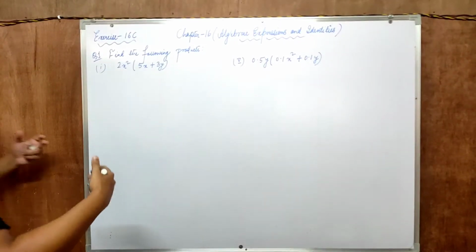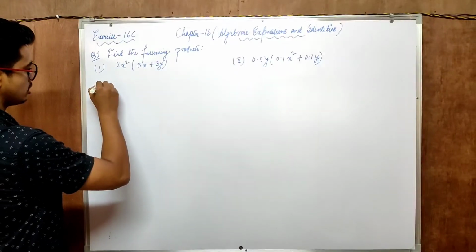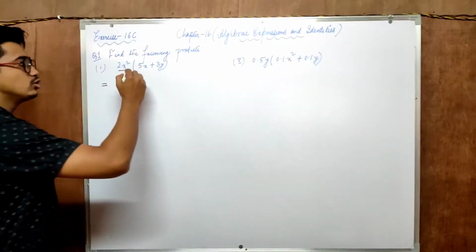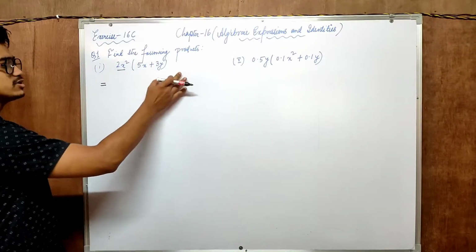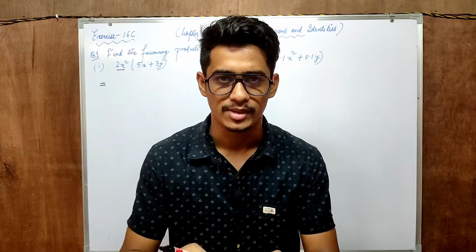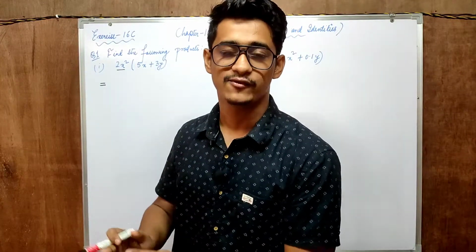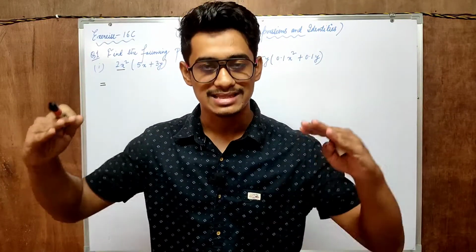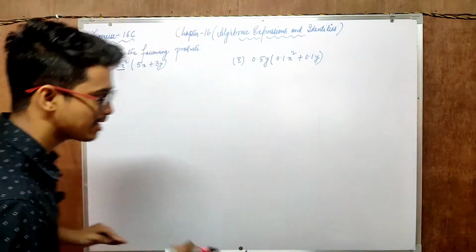When we open up the bracket, just make sure that the outsider number is multiplied to all the elements which are inside the bracket. What exactly am I talking about?